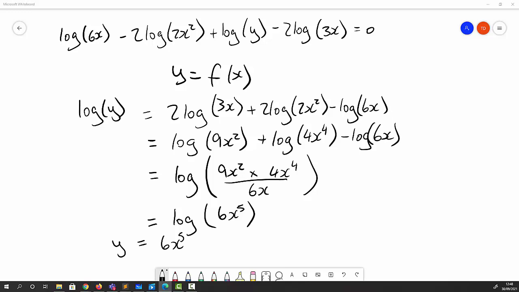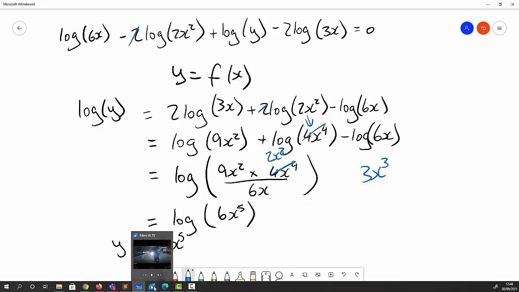I've got log, oh no, yes, log 6x, yeah, minus, oh, there isn't a 2 here. Sorry, let me just fix that. So that 2 shouldn't be there. That's a mistake. So that's the 2x squared, so that shouldn't be there, which means that instead of 4x to the 4, that should be the same as that. So that should be 2x squared, which means that I've got 2 9s are 18 divided by 3, so that should be 3x, and then x squared times x squared is x to the 4 divided by x, so that's going to be 3x cubed.